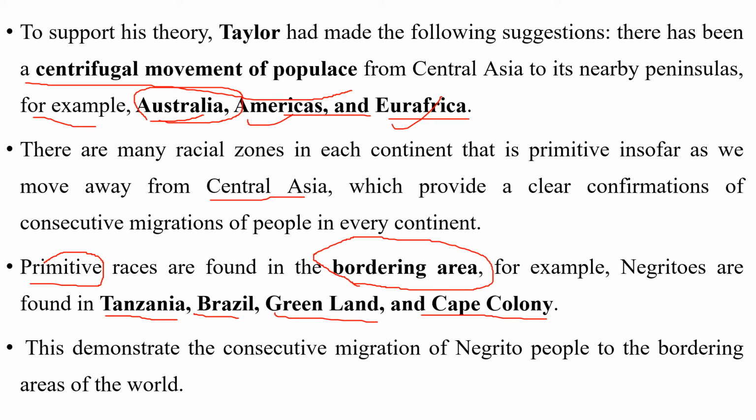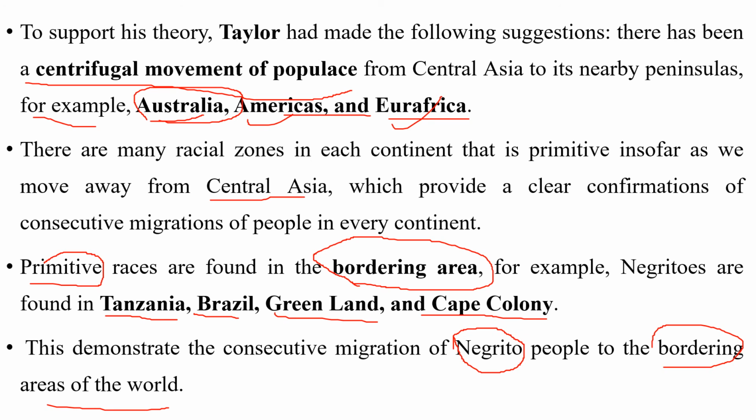Then this demonstrates the consecutive migration of Negrito people to the bordering areas of the world. According to Griffith Taylor, this demonstrates the consecutive migration of the Negrito. If we look at the world nowadays, these Negrito people are in bordering areas. Their location is the bordering area of the world.